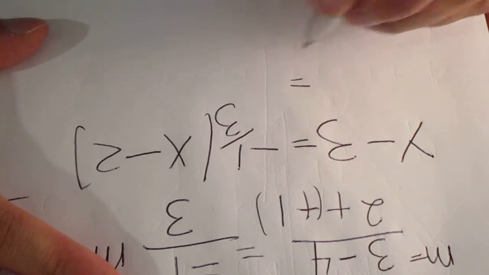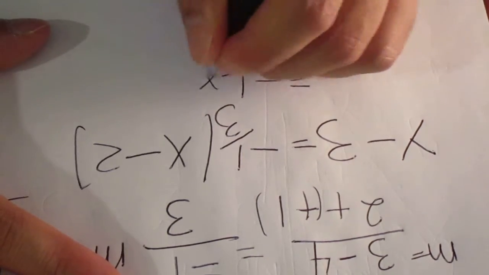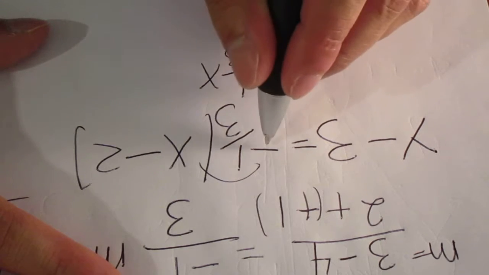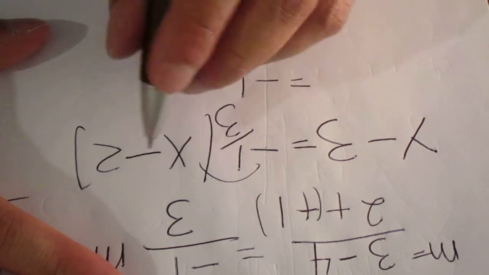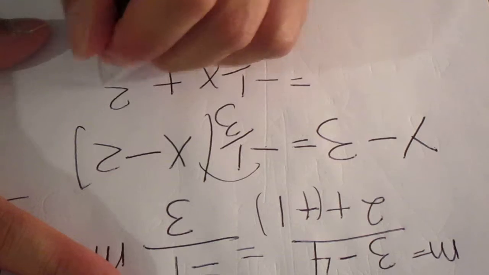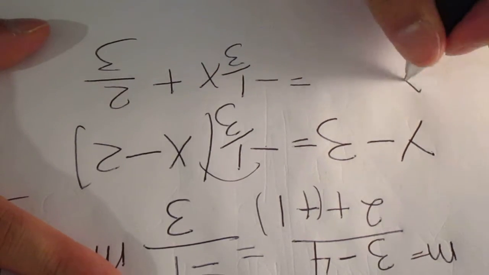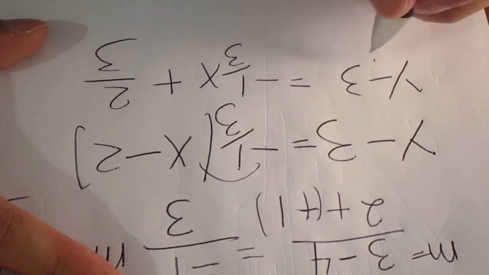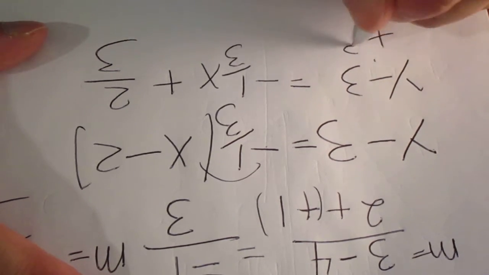So that equals negative 1/3 x. I'm just distributing it, so negative 1/3 x, and negative and negative is a positive, so that's 2/3. And then we have a y minus 3, and we want the y by itself, so I'm going to add 3 to both sides.